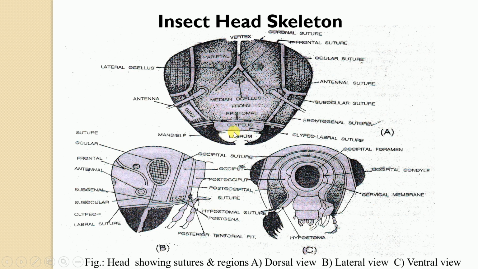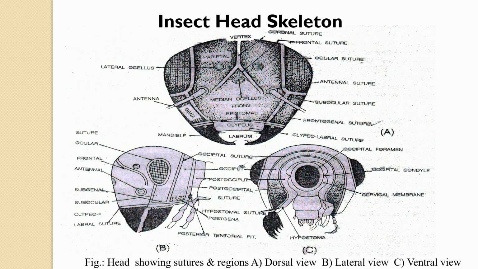From the anterior side it is bounded by the Clypeo-labral suture, and from the posterior side by the Clypeo-frontal suture or epistomal suture. Whatever area is there between them is referred to as an intersutural area. So all these sclerites are formed between two different sutures.